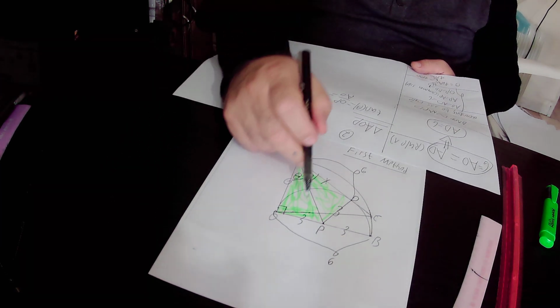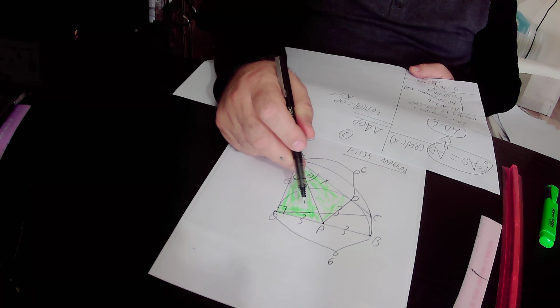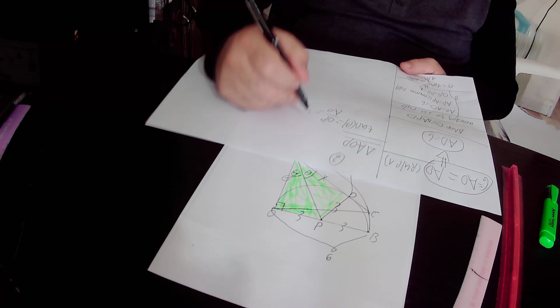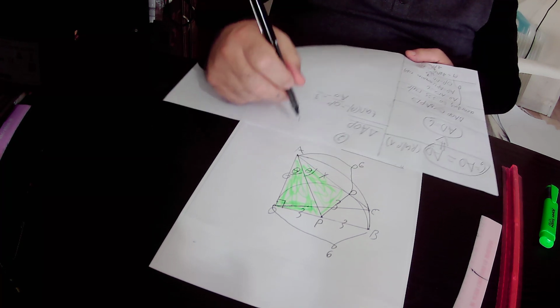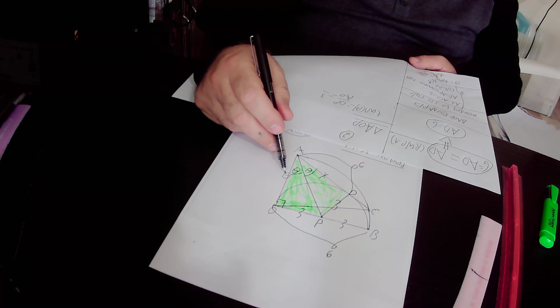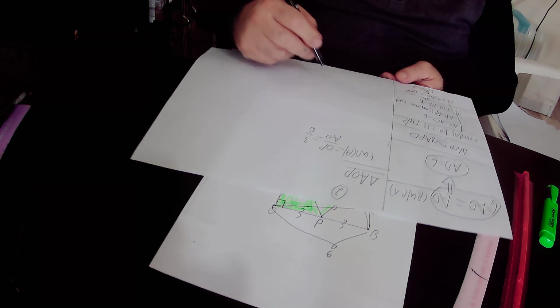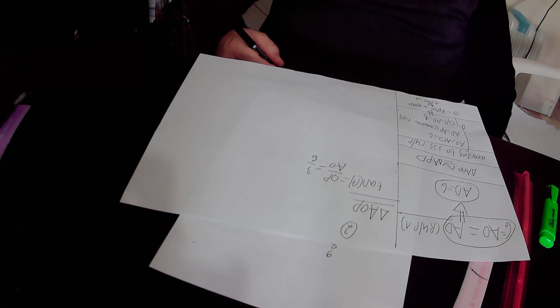OP equals 3 units. It is the radius of the semicircle. AO equals 6 units according to what is given in the question. So in conclusion, tangent theta equals 3 over 6.